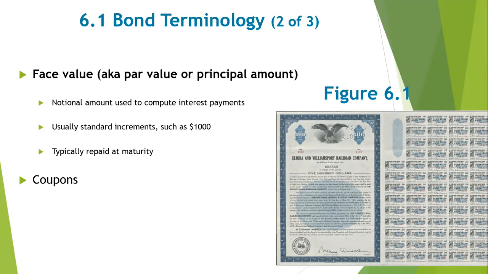Commonly denominated in standard increments such as $1,000, a bond with a $1,000 face value is often referred to as a $1,000 bond.